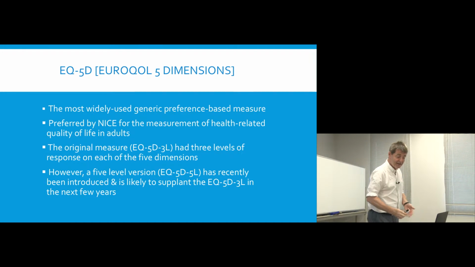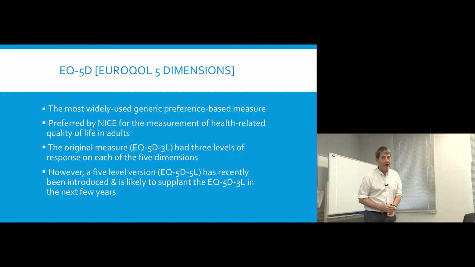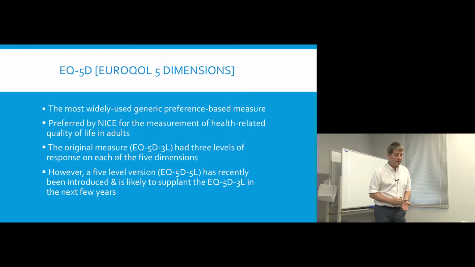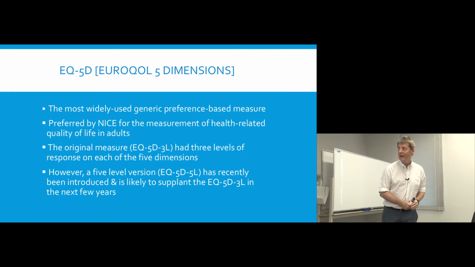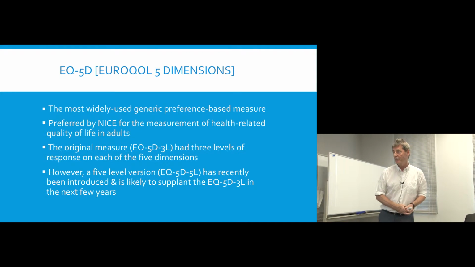And in the sense that it's become established and quite widely used, it's been successful in that aim. I'm not convinced that we can really capture all the important differences in health state simply with 5 dimensions, or particularly just with 3 levels. That's where we've started from.